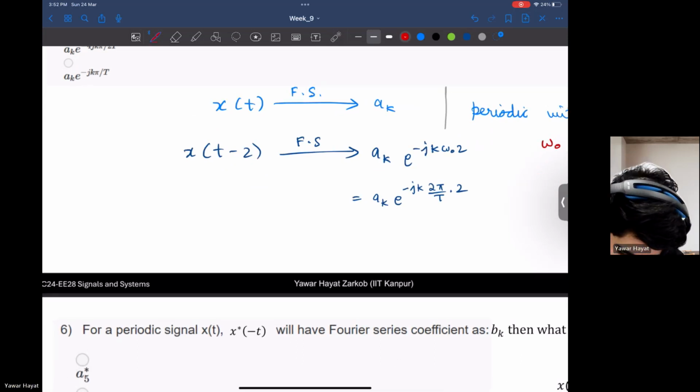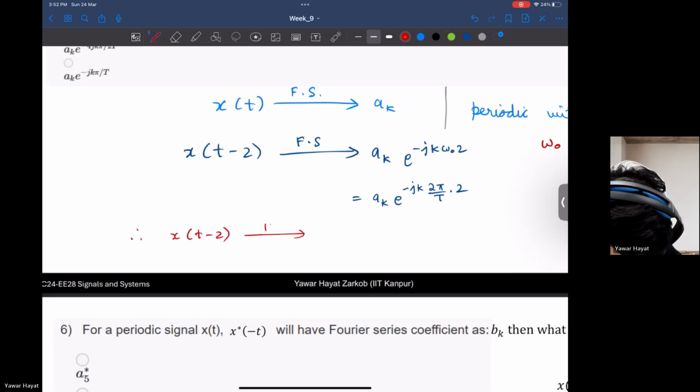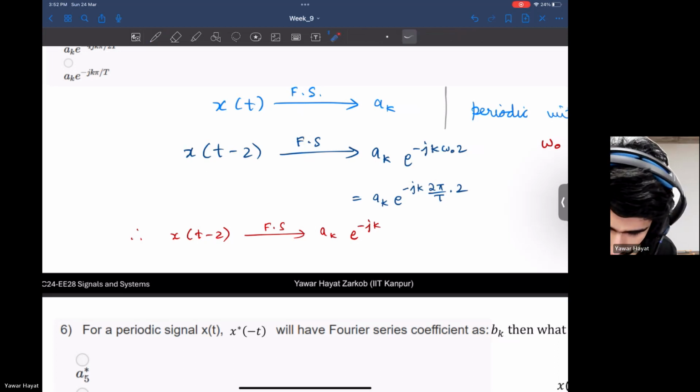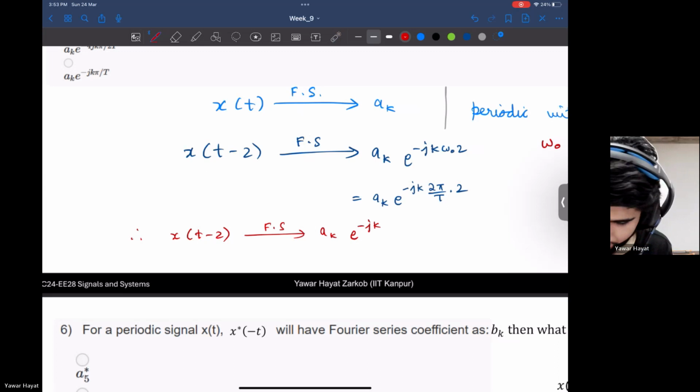So therefore, the Fourier series coefficient of x of t minus 2 would be this ak times this exponential minus jk, 2 and 2 are 4, right?